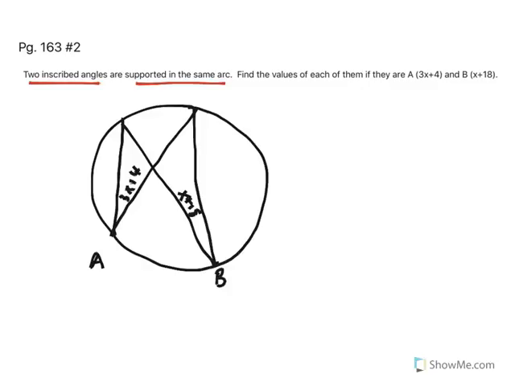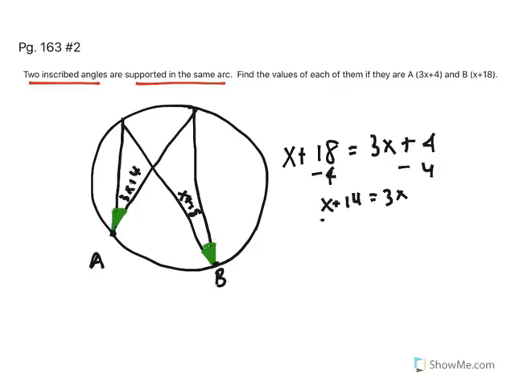Okay, well we know that two inscribed angles supported in the same arc create two congruent angles. So this angle is congruent to this angle. If we are given the algebraic representation of each angle, we can set them equal to each other in order to solve for x. And we get x equals 7.